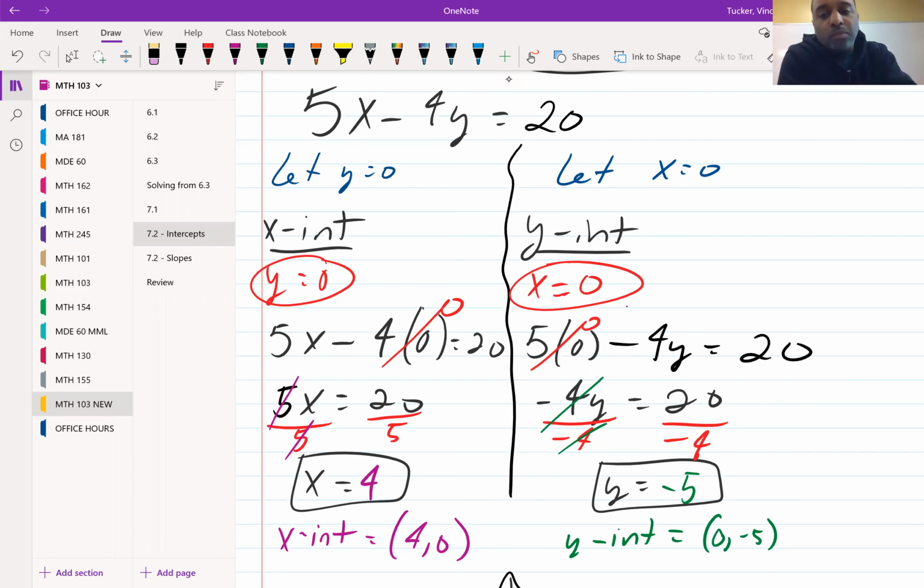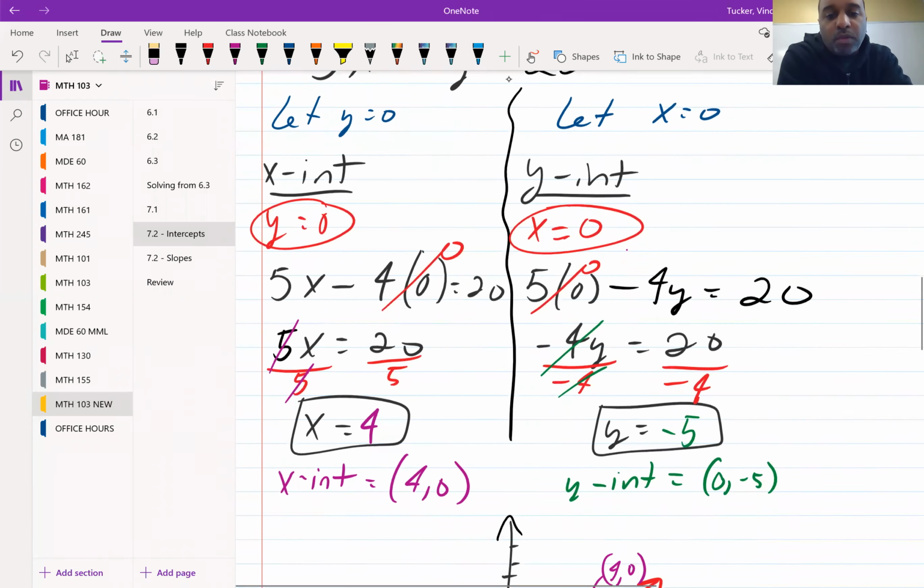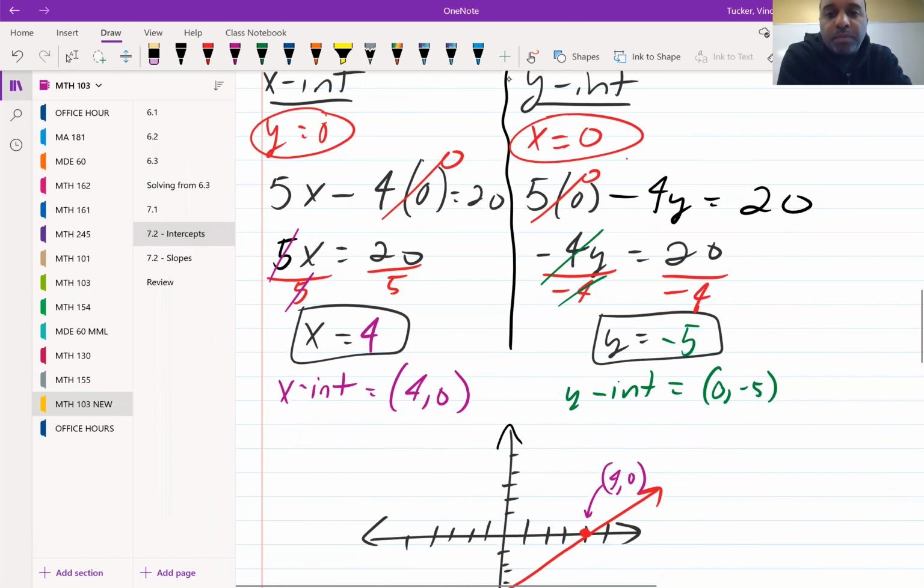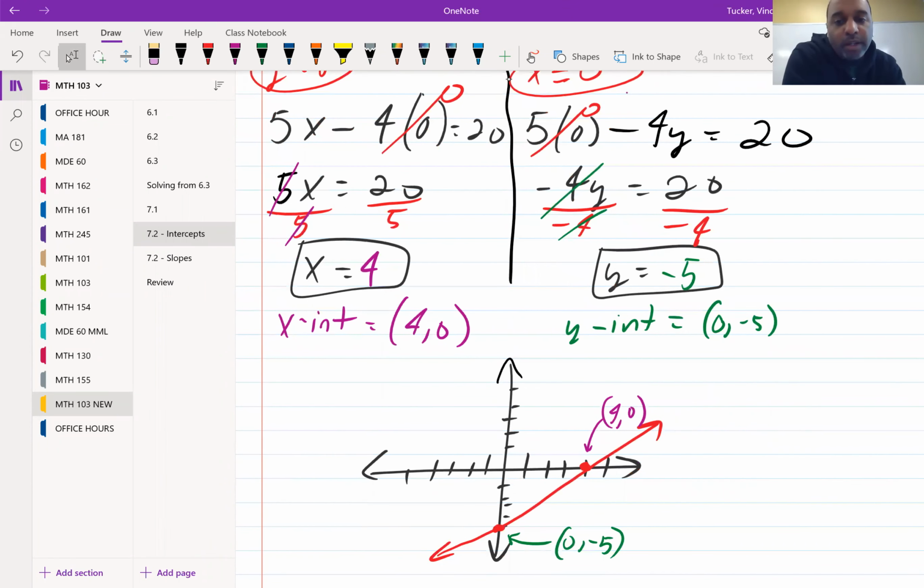Any problems? And then once again, once you have your intercepts, grab those 2 points.